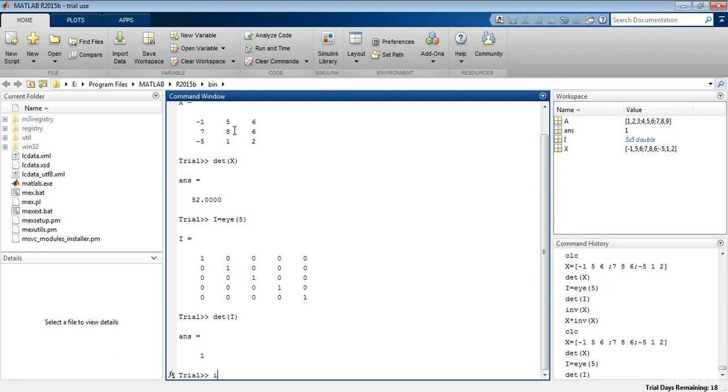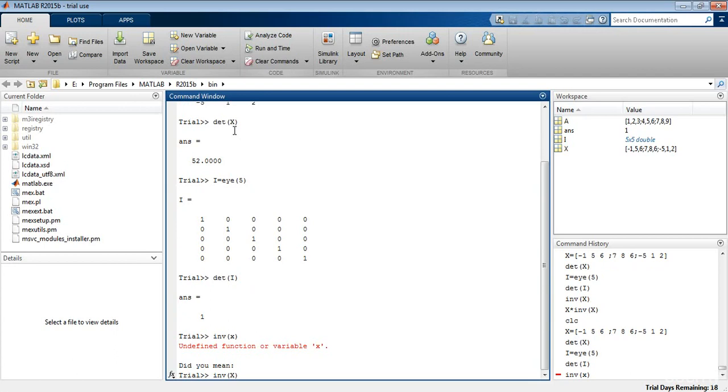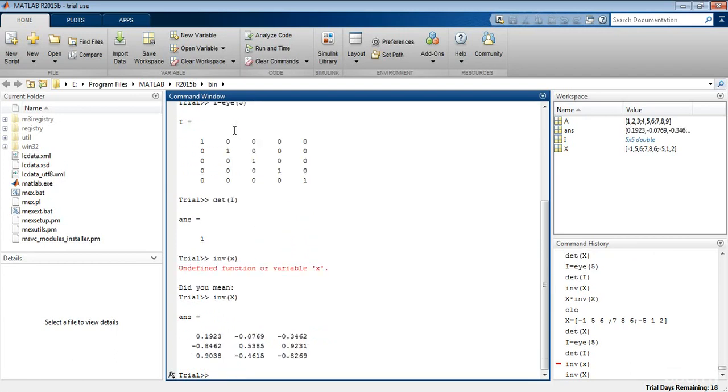For better understanding, type inv of capital X. As you see, the inverse of matrix X is calculated easily and without pain.